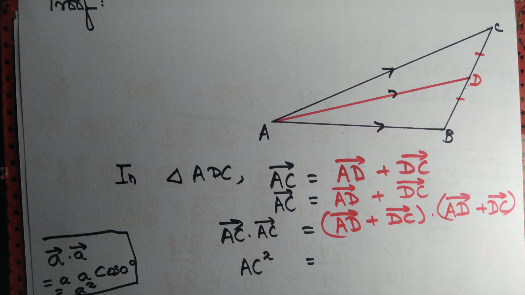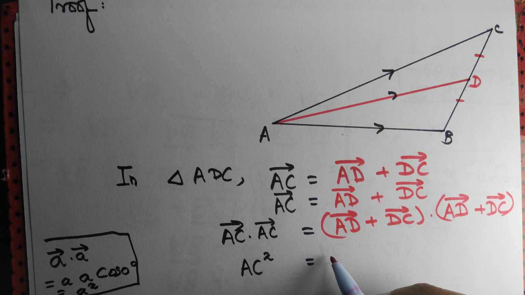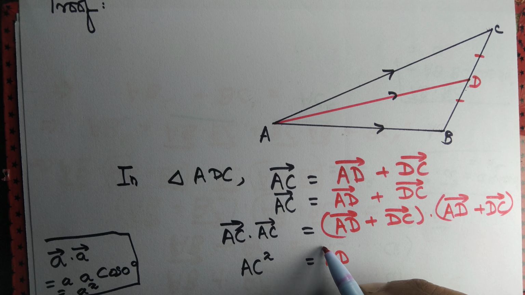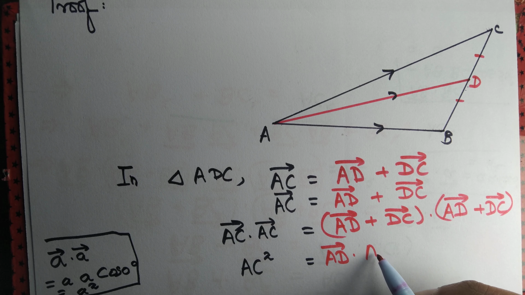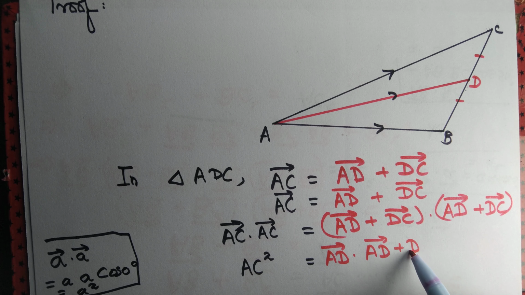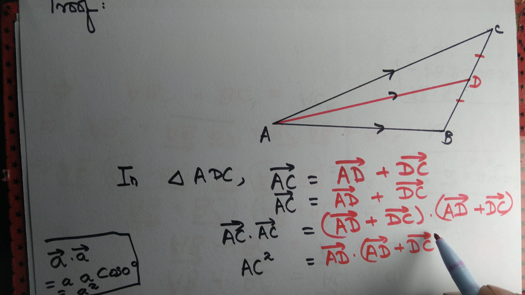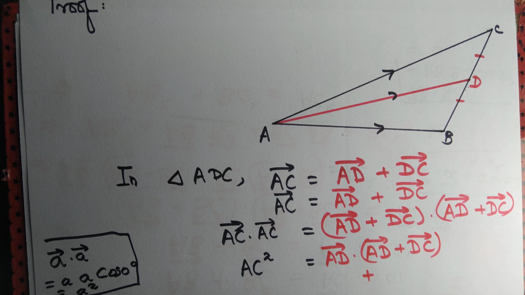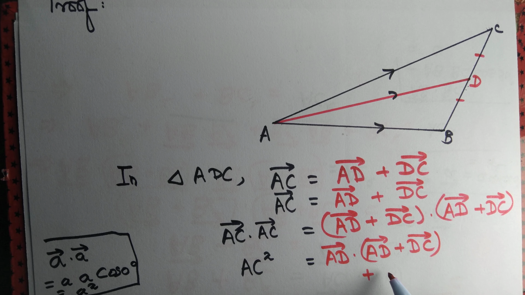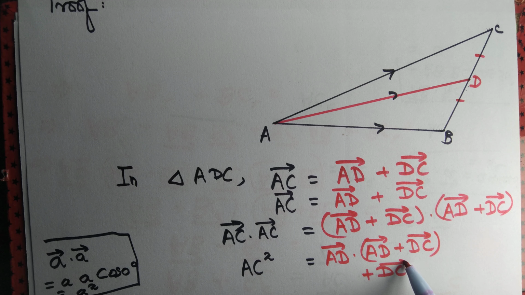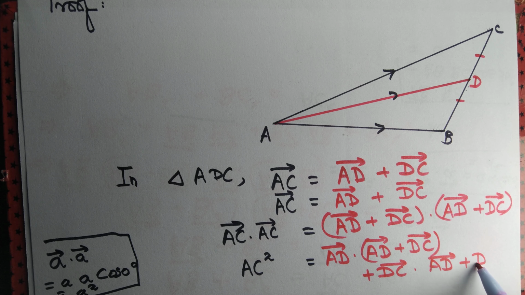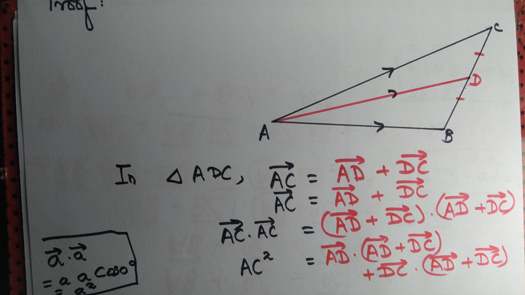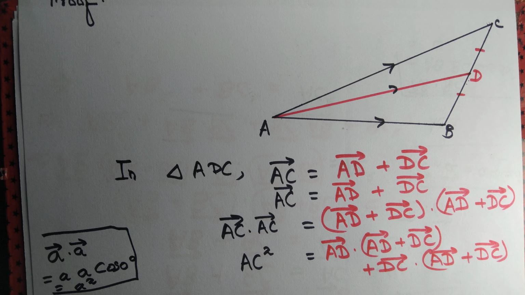Right hand side we apply distributive law and we have AD dot AD plus DC. Again we apply distributive law, plus DC dot AD plus DC. So left hand side is simply AC square.